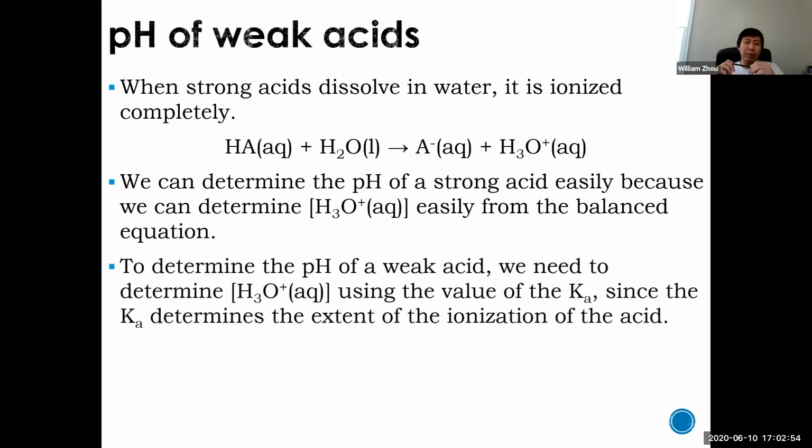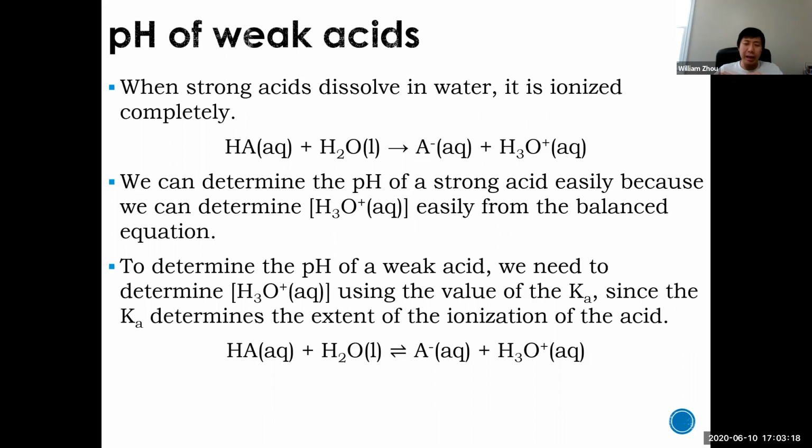If you have a weak acid, then you have a problem because it is not 100% ionization. Not all of the acid will react to produce hydronium. Only a small percentage will react. So how much hydronium would you have? You have to calculate that using the Ka value.